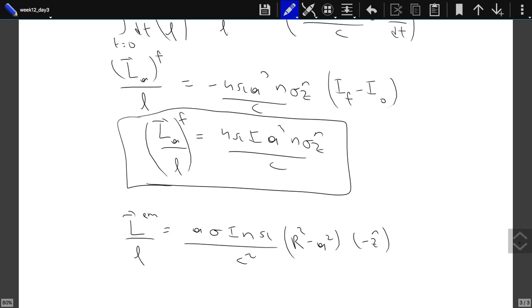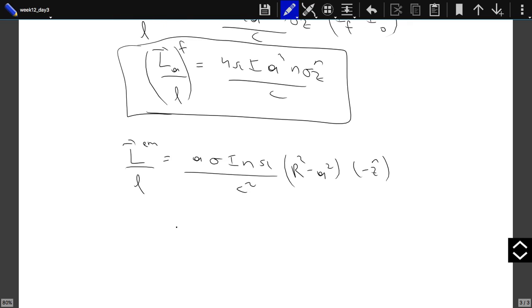Now, definitely, besides the factors of C and some pi, some numerical factors, we can check it again. There's another problem. The initial angular momentum, as I said, was in the minus z direction. But the final angular momentum, at least within this limit, is in the plus z direction. So apparently there seems to be a non-conservation of angular momentum. Yeah, that is kind of a problem.